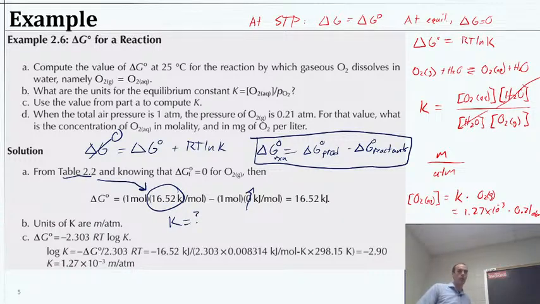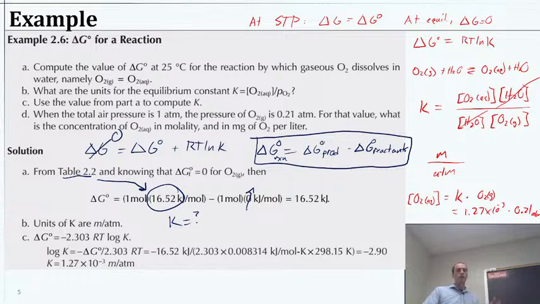We have delta G naught equal to negative RT ln K. Now we can change that to a log base 10 if we wanted to, which gives us a conversion factor, but you could also just keep the natural log. That's fine too. So they wrote it up that way, negative 2.303, that converts the natural log to a log base 10.